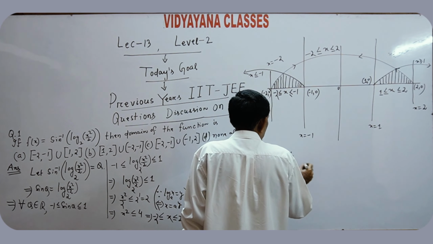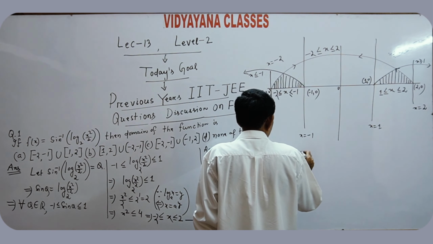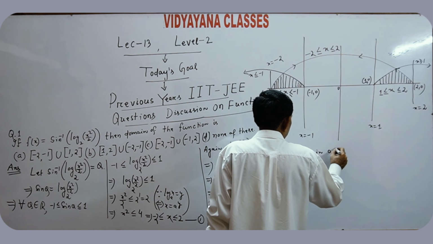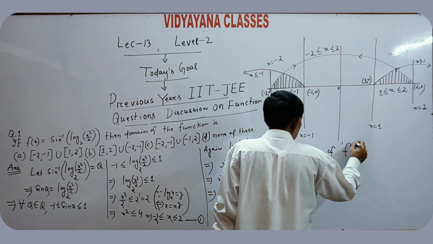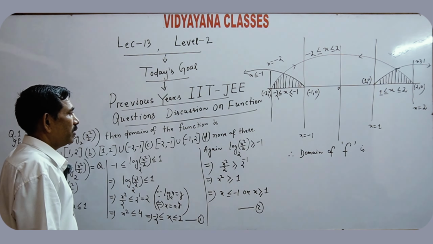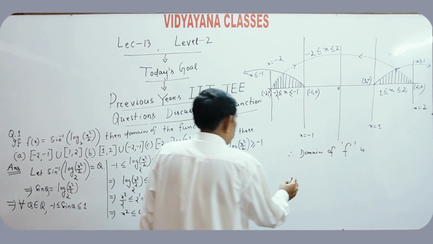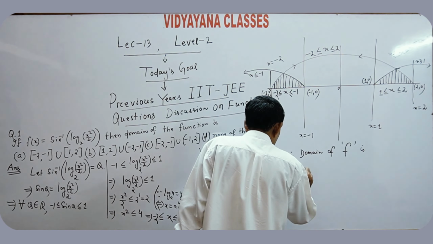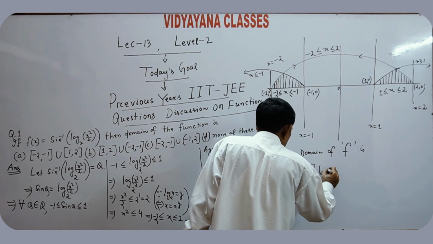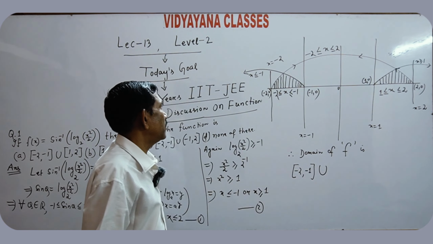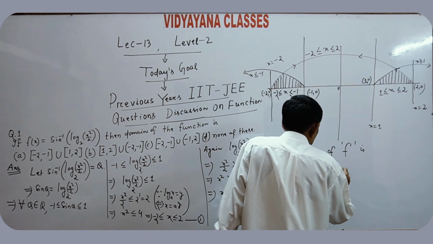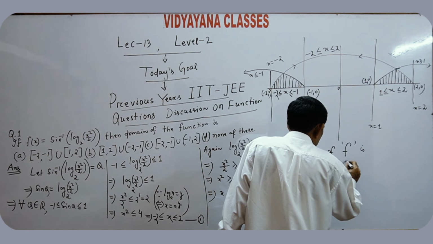Therefore, the domain of f is closed bracket minus 2 and minus 1 union closed bracket 1 and 2.